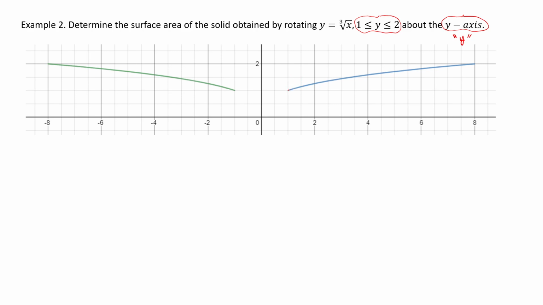For example, you created this graph here. Let's say you have different points, then afterwards you're going to rotate it. Same goes for your area and your volume problems. Try to generate the volume or try to shade the area that you're going to determine.